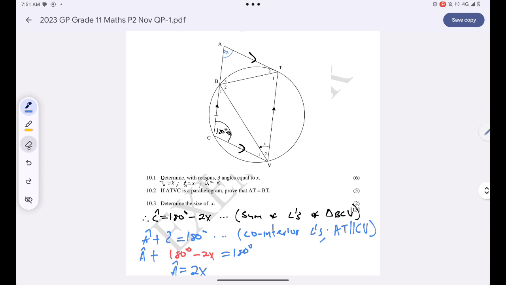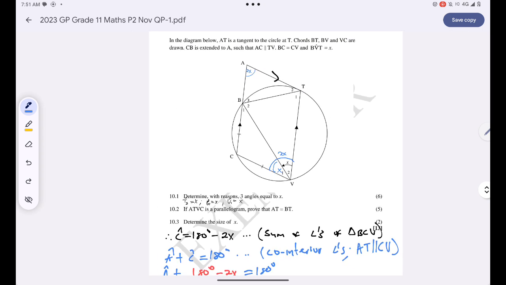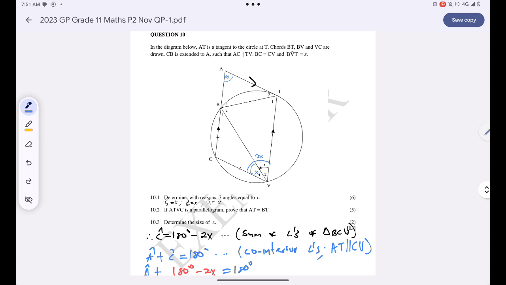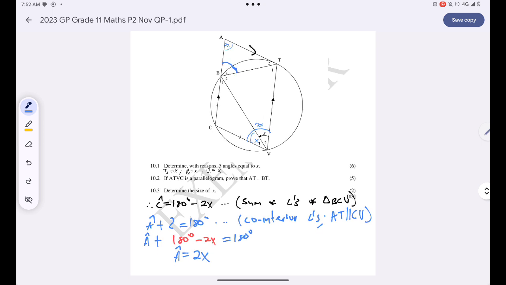Remember another thing. We said that we've proven that angle V1 is equal to x. That means this entire angle is 2x, right? Remember that an exterior angle of a cyclic quad is equal to the interior opposite angle. So angle B3, this angle over here, is equal to this one.